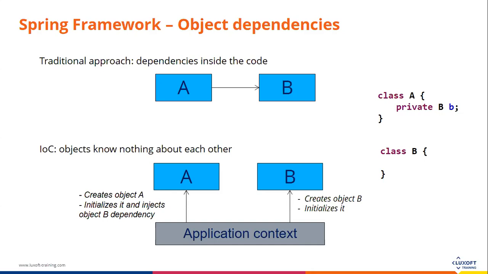We started with this traditional approach, where we had to describe the dependencies inside the code, and we moved to the inversion of control, where objects don't know anything about each other.